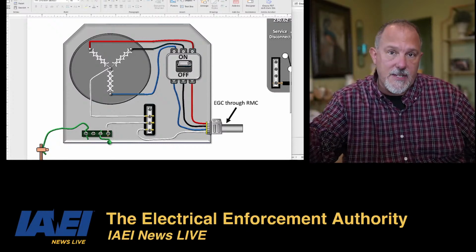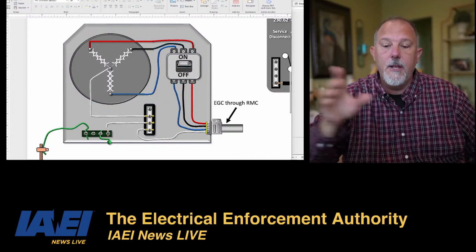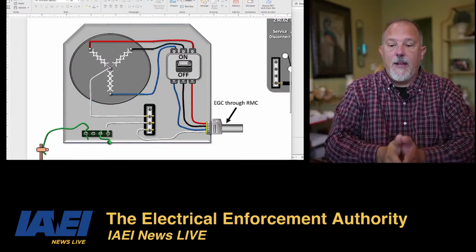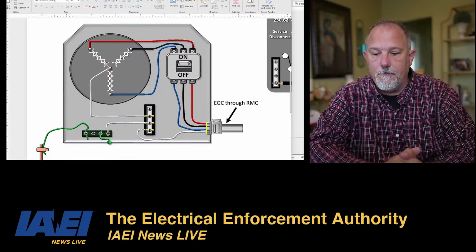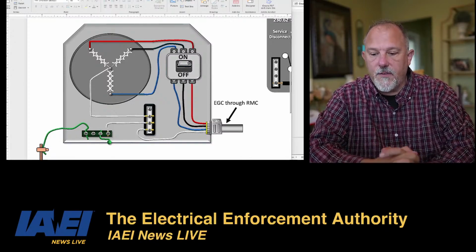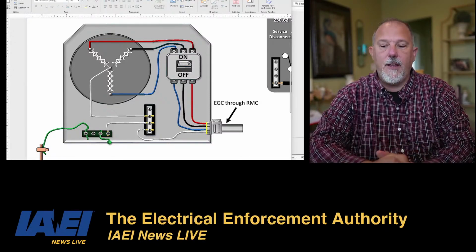So if I didn't have a disconnecting means on that generator and I had a separate disconnect, then I would be providing that jumper that goes over to that first disconnect or overcurrent device, in accordance with 250.30(A)(1)(a) and (b).